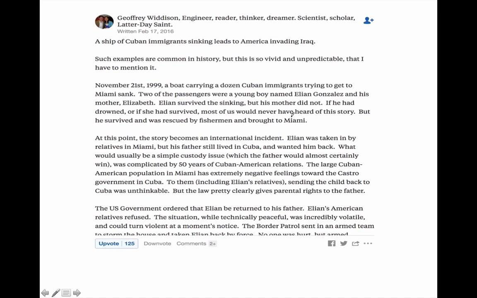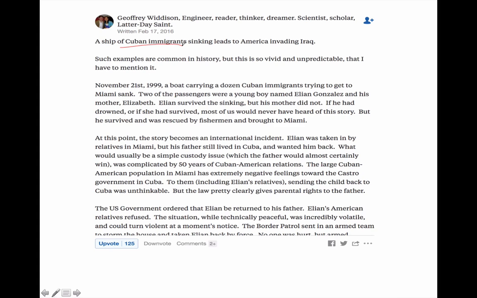Similarly, there was this story that I found on Quora while I was researching on butterfly effect. And there's this very nice story which is shared by Geoffrey Wedison. And he says that he actually presents a very good real life example of butterfly effect. That is, there was a boat that sank, and this boat was carrying Cuban immigrants.